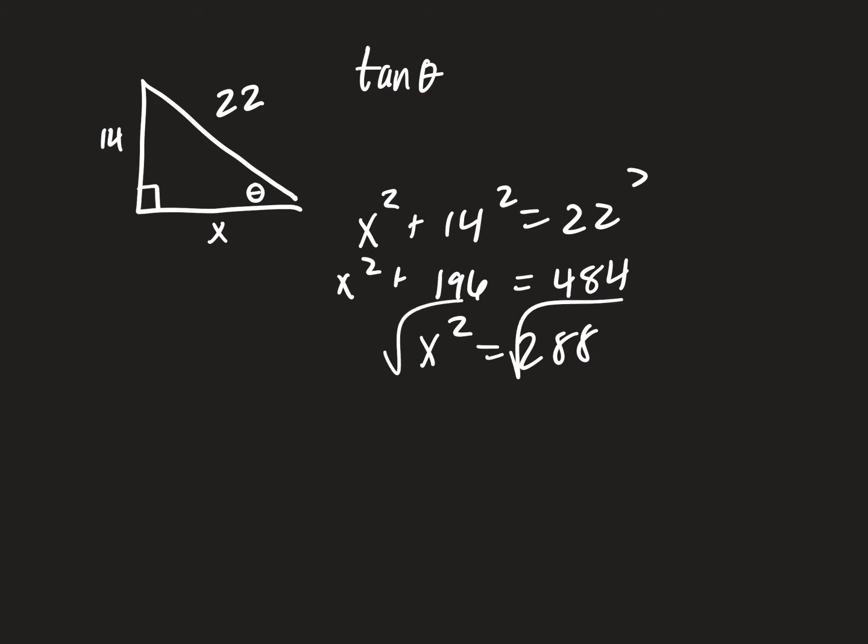And then take the square root of both sides. So you get 16.97. I think some of you went ahead and rounded up to 17. That's fine. I really don't care.